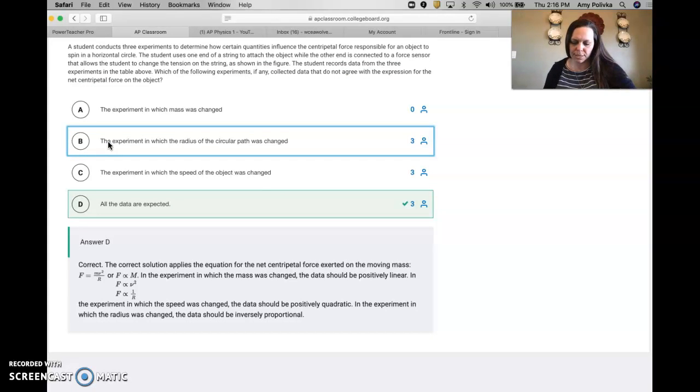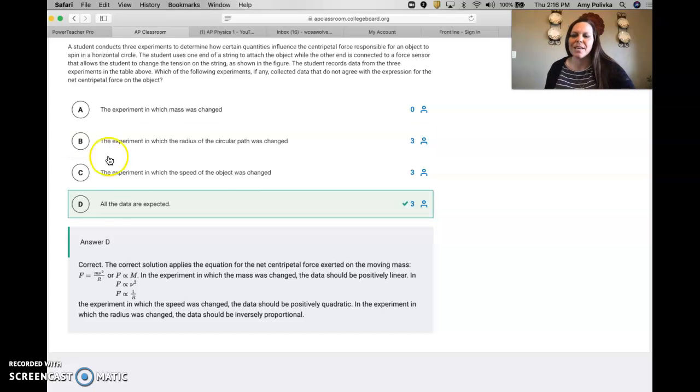And if we look at this data table separately using, what did he call it? Factor of change method, if we keep these constants as a 1 and then we make this bigger, what did it do to the force overall? If we leave these constant as a 1 and we make the mass bigger, what did it do to the force overall? And so that's really what it's showing you right here.